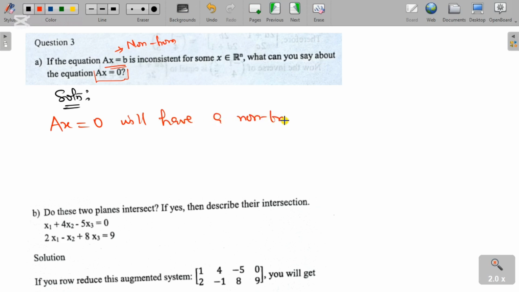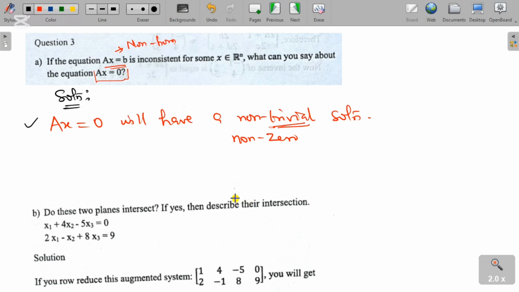And you know what it means to have a non-trivial solution? Another word for non-trivial solution is non-zero solution. Okay, so trivial means zero solution. So now what we are saying is that for your Ax equal to b, which is the non-homogeneous equation, to be inconsistent, then the homogeneous equation is definitely going to have a non-trivial solution. Okay, so we move away from that.